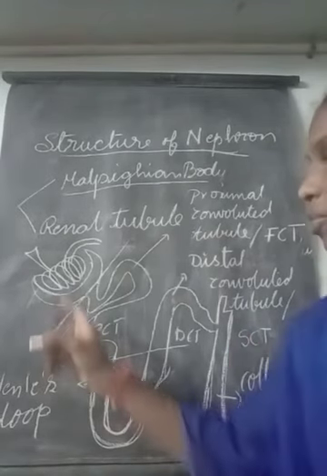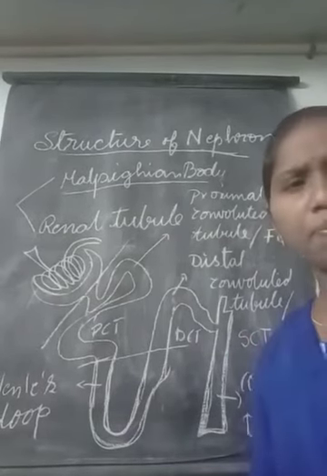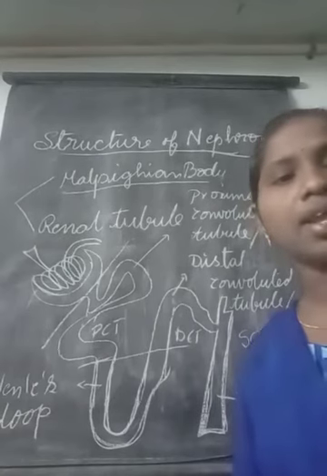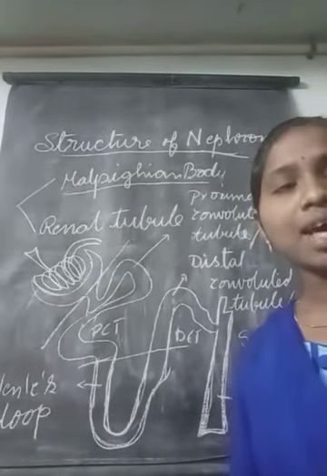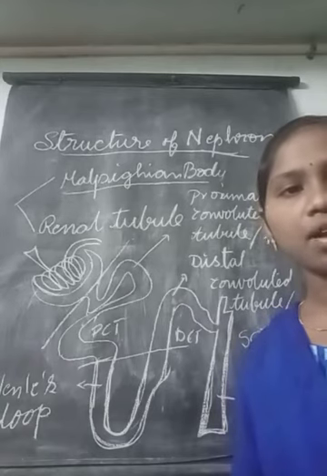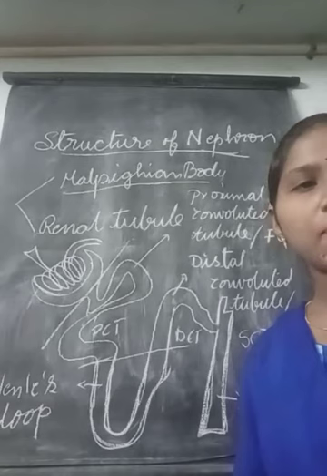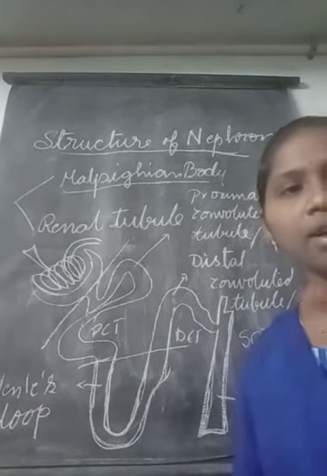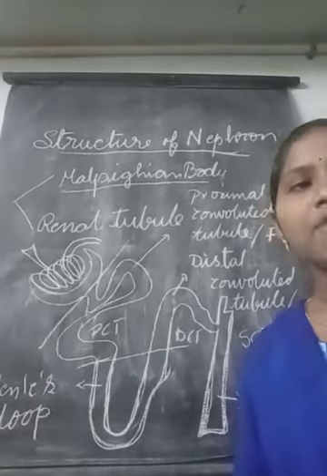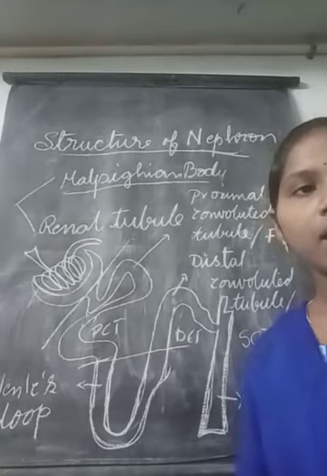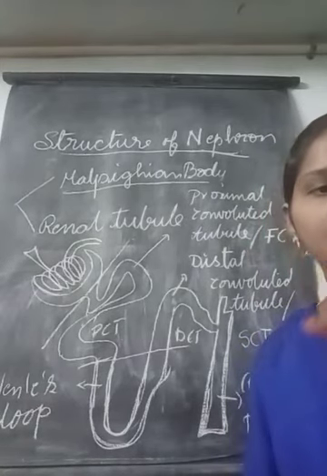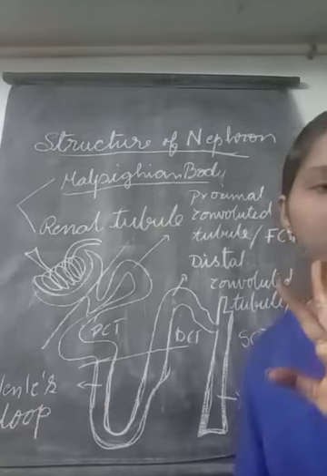Now see, each and every cell in our body is surrounded by blood vessels. Yes or not? Each and every cell needs blood. So to bring the blood, we need blood vessels. If blood vessels are not there, blood cannot go to each and every cell. Yes.